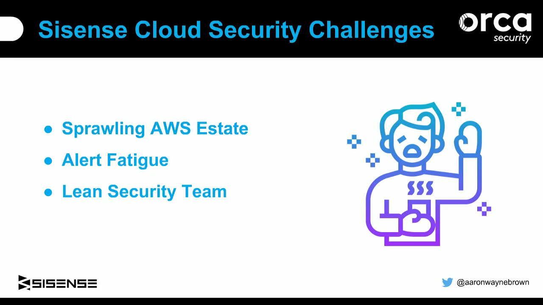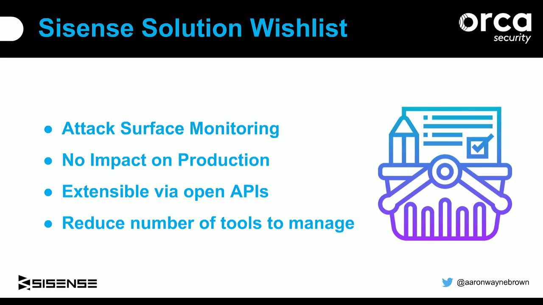And especially for us at Sisense, we are a very lean security team, albeit a mighty one. Managing the sprawl means choosing the right tools for the job, leveraging automation, and making intelligent decisions around how we are orchestrating our security infrastructure.